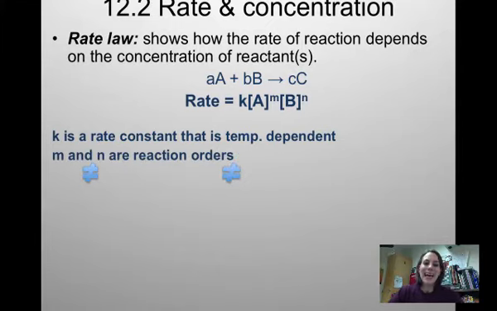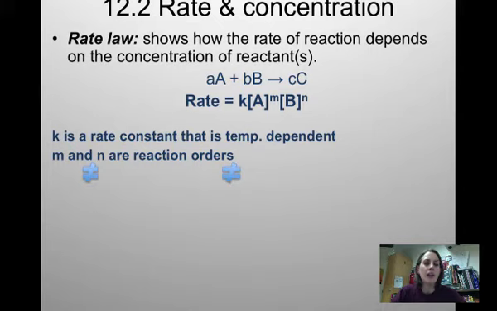m and n are reaction orders, and we write them as superscripts, and we say that the concentration is raised to that power. But what that's really telling us is how important reactants A and B are in the reaction. I'm going to keep that in mind as I solve for m and n later on.